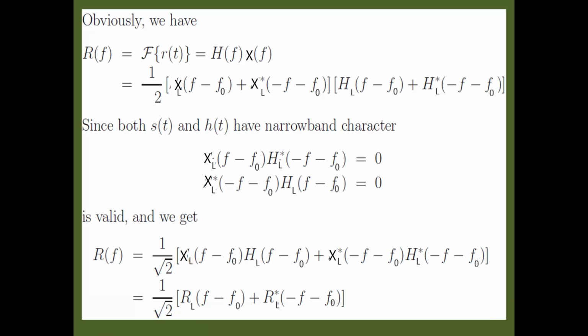Now this RF, which is the received signal spectrum, can be obtained by taking the Fourier transform of the RT signal, and we can also express it as the multiplication of the transfer function with the band pass signal, HF XF. And we have already seen how we can express HF in terms of the transfer function of the low pass or baseband system.